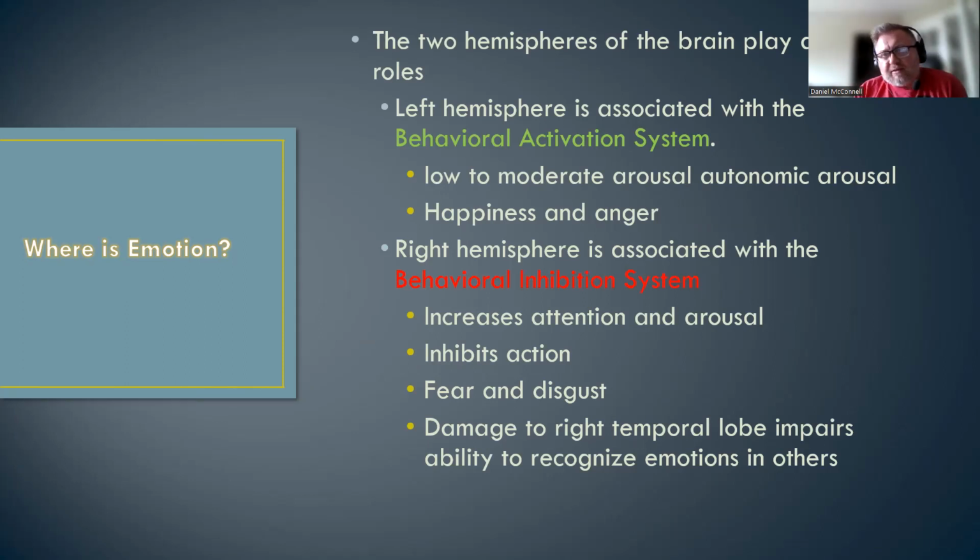We can subdivide things into the behavioral activation system, or BAS, versus the behavioral inhibition system, BIS. And this is actually a little bit lateralized in the brain. So we have this idea of the left hemisphere being the behavioral activation system, whereas the right hemisphere is the behavioral inhibition system. But if we think about this, behavioral activation is like an approach behavior.